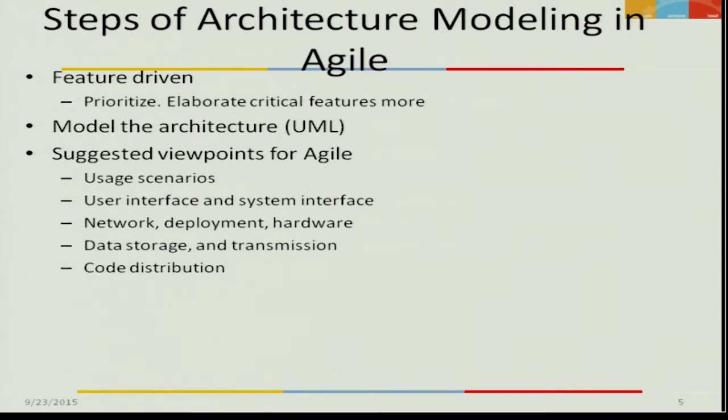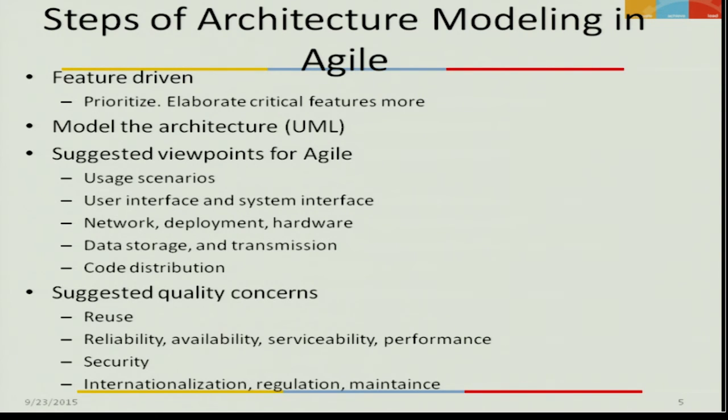If you recall, when we discussed architecture views, all these points like usage scenarios, user interfaces, network deployment, hardware, data storage, transmission and code distribution are all covered under different names. So I would suggest that you go back to the lectures related to architecture views and see how these agile viewpoints can be mapped. You will see that they can be mapped very easily.